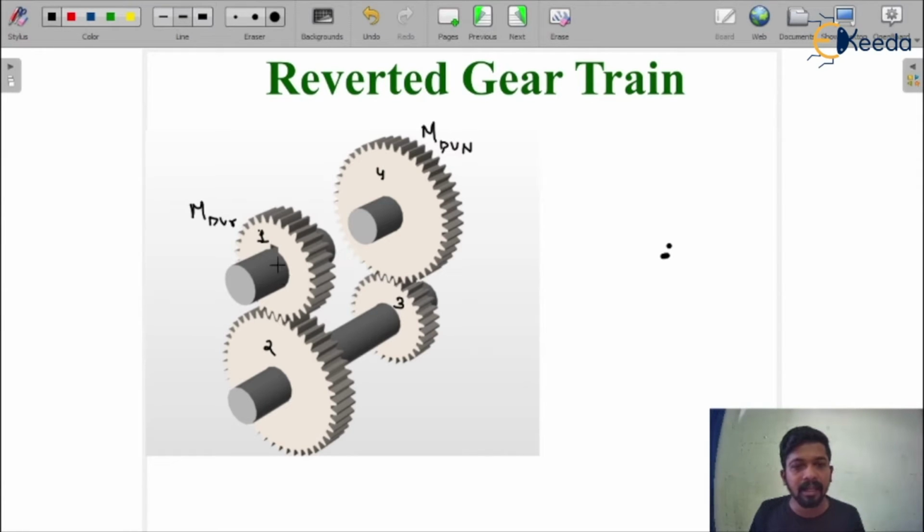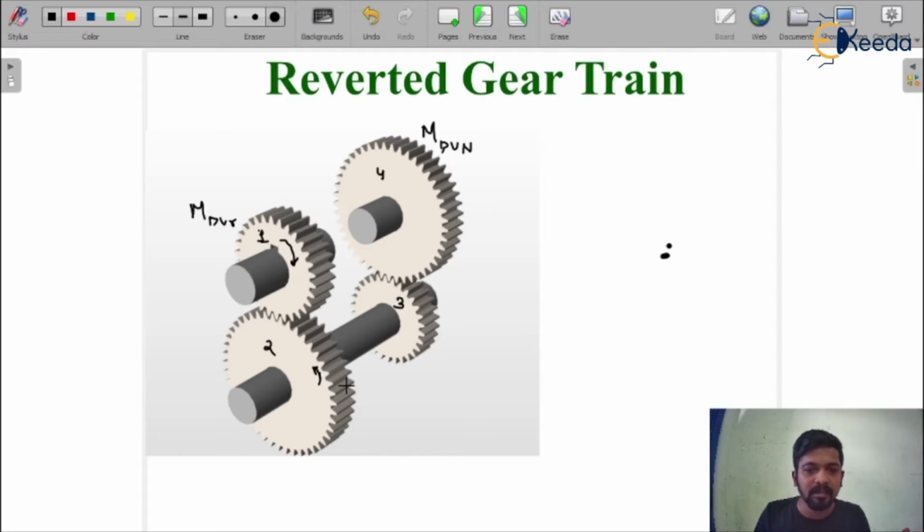In this you can see the direction. If gear 1 rotates clockwise, gear 2 will be in the anti-clockwise direction. Gears 2 and 3 are on the same shaft, which means whatever the direction of rotation of gear 2, the same direction would be for gear 3.